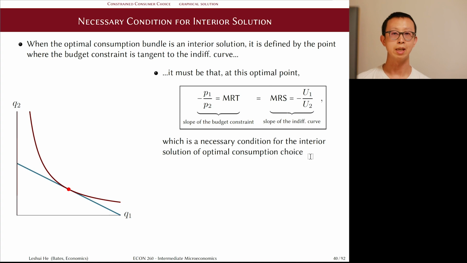So when we have a tangent point as our optimal consumption bundle, then this optimal bundle must satisfy the condition such that the slope of the budget constraint, which is MRT, is equal to the slope of the indifference curve at this point, which is MRS. This is an essential piece of insight coming out of our graphical analysis, and it will play an essential role in our full algebraic solution to the consumer's problem.